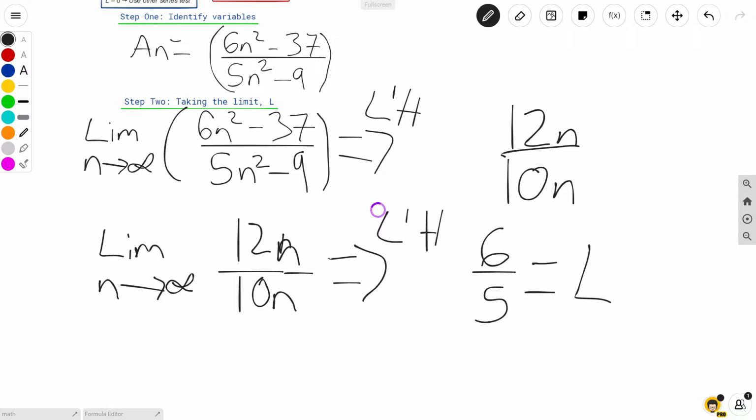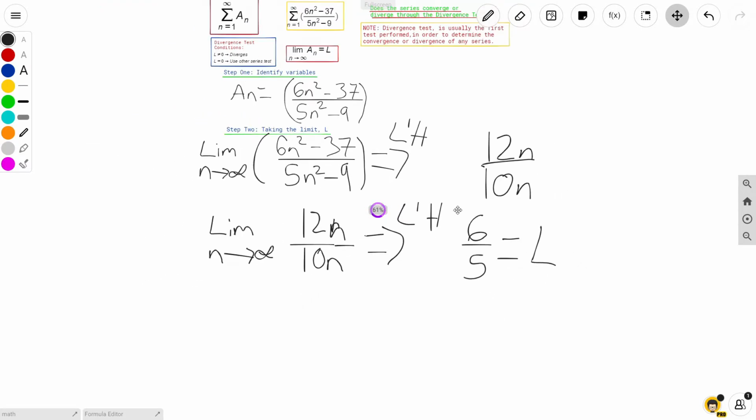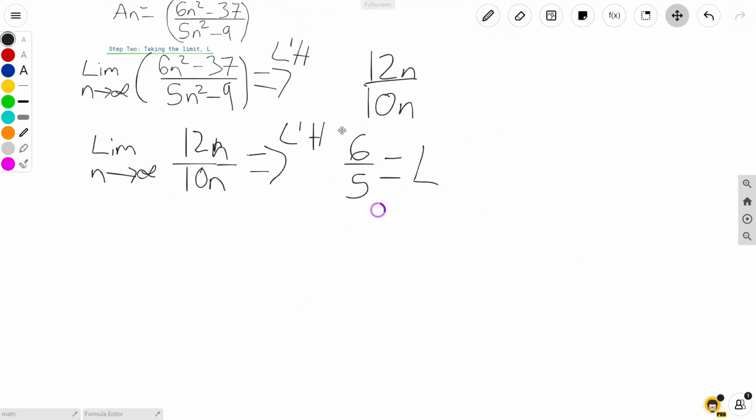So now for step 3, now that we have L, we're going to apply the divergence test conditions.